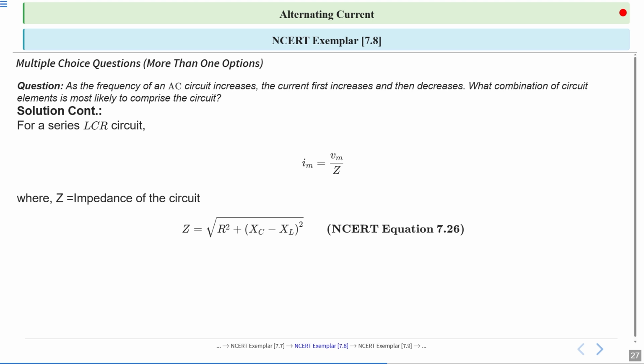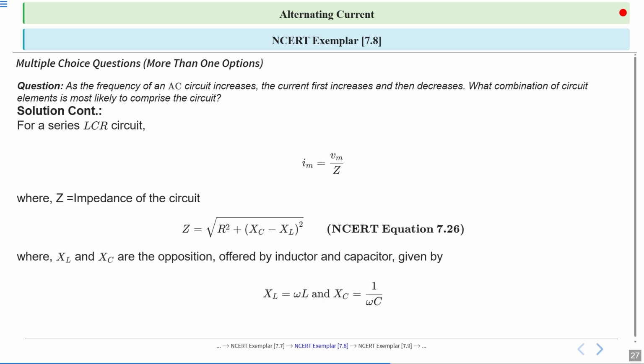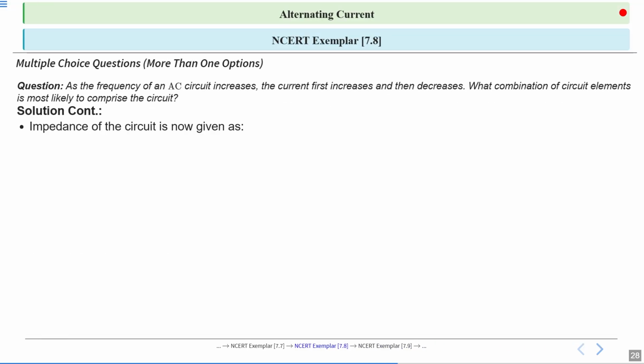According to NCERT equation 7.26, XL and XC are the opposition offered by the inductor and capacitor, given by XL equal to omega L and XC equal to 1 by omega C. The impedance of the circuit is now given as Z equal to root of R square plus (1 by omega C minus omega L) whole square.